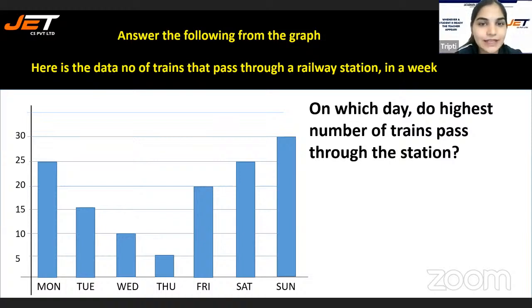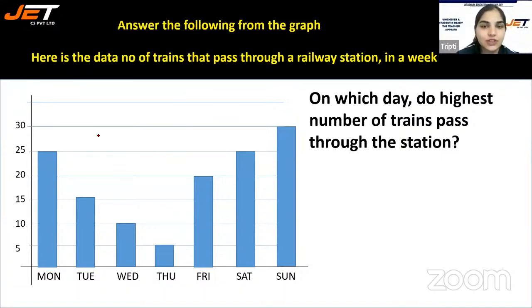Monday 25, Tuesday 15, Wednesday 10, Thursday 5, Friday 20, Saturday 25, and Sunday 30, which is the highest. So the highest bar is on Sunday, that is 30. So here we can say the day is Sunday.